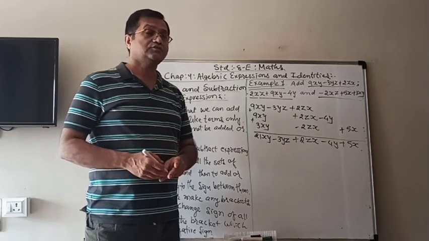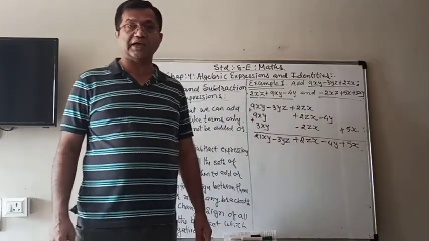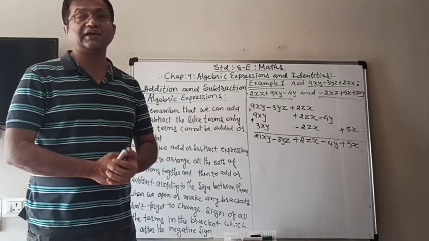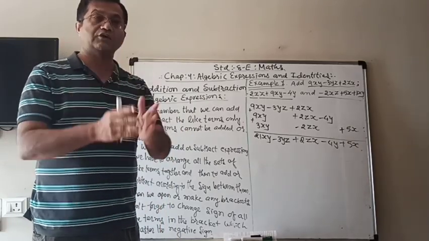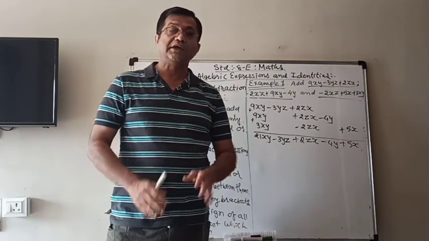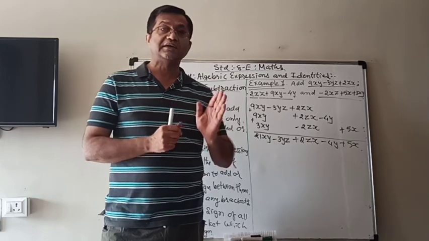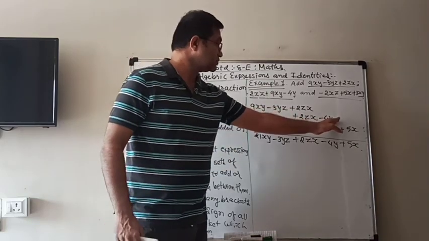So here we have to remember that the first expression we will write as it is, and then from the second expression we have to write down the like terms in the same column. If it does not have a like term, we can write it down at the last.